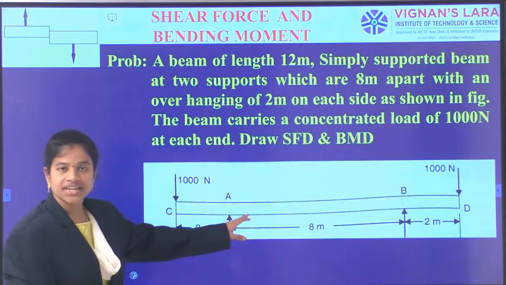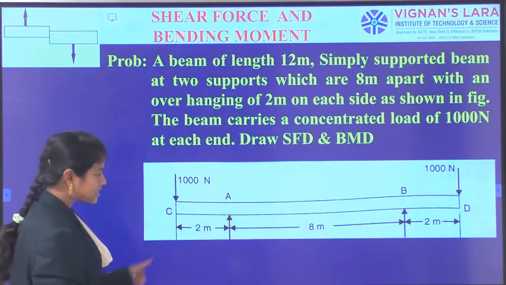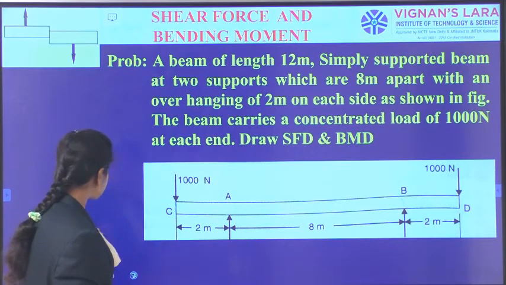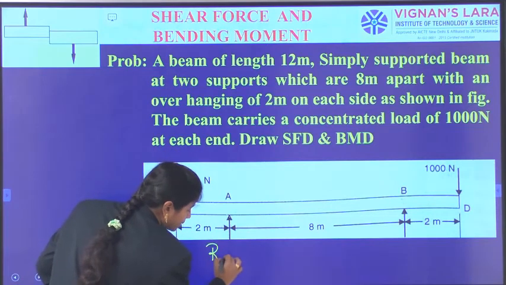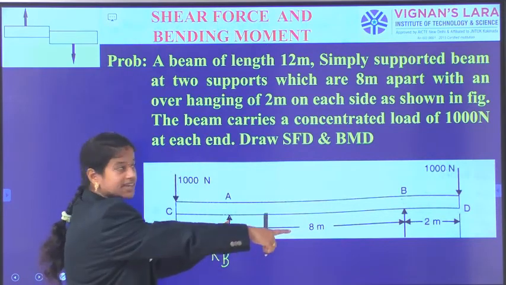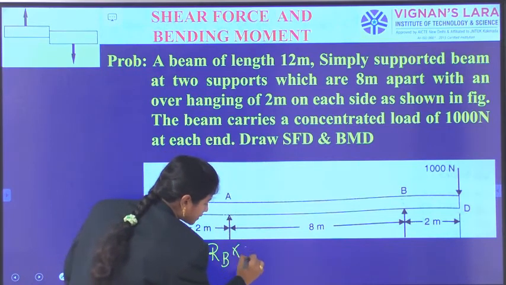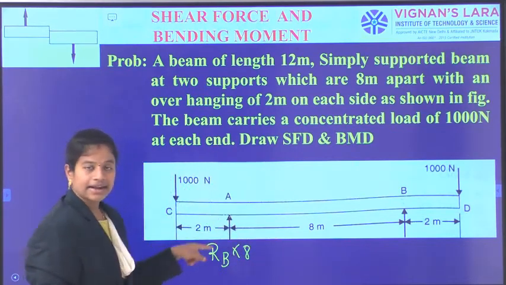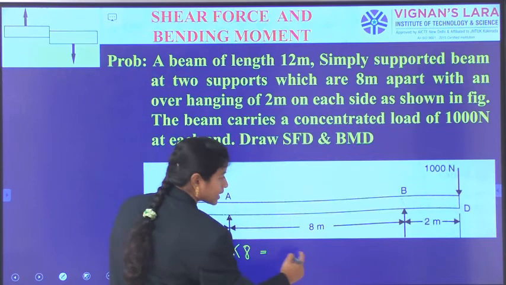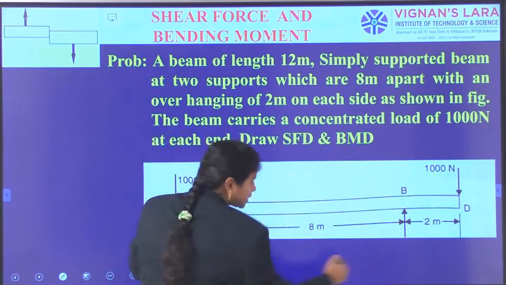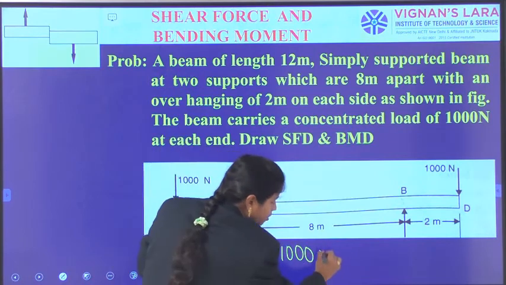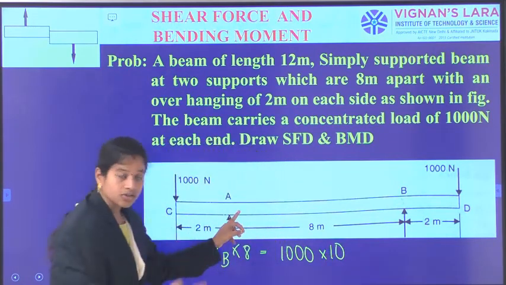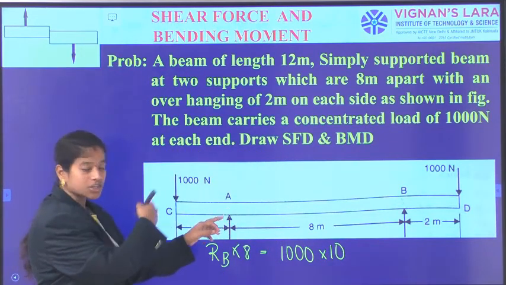So considering moment about A, RB is at a distance of 8 meters, giving an anti-clockwise moment of RB into 8, equal to the 1000 newton load in the clockwise direction at a distance of 10 meters from A, and also we have another load of 1000 newtons.